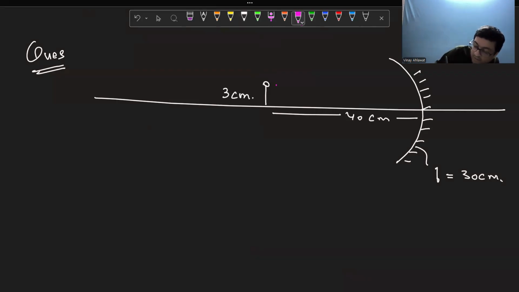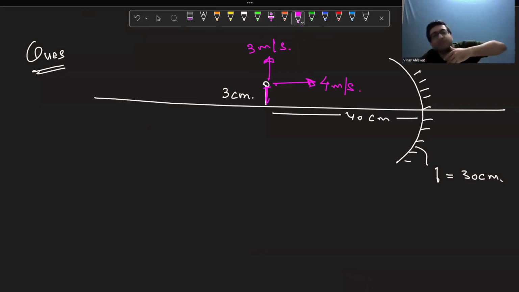And from this height, this point is thrown like a projectile motion with some velocity in y-axis and some velocity in x-axis. Suppose the y component of velocity is 3 meter per second and x component of velocity is 4 meter per second. Agreed? Yes, sir. It is thrown with 5 meter per second at an angle of 37 degrees with the horizontal. Got it or not?